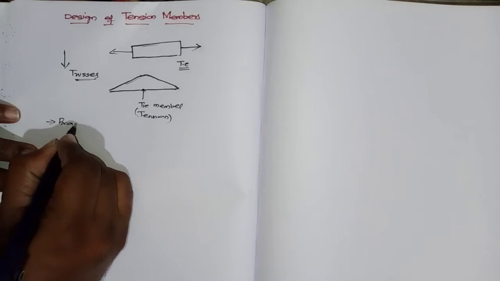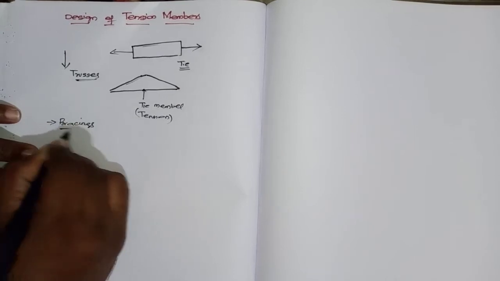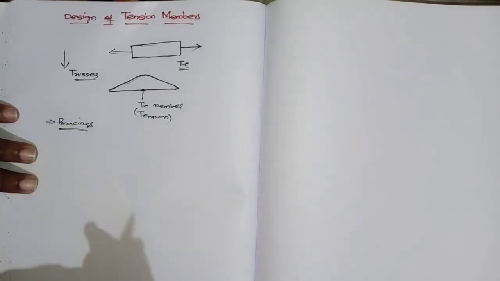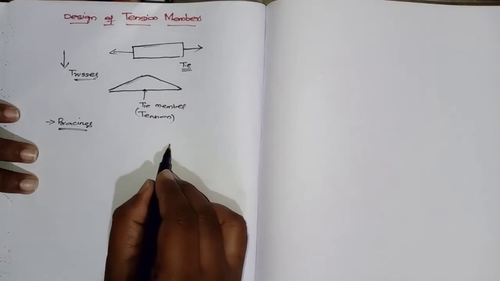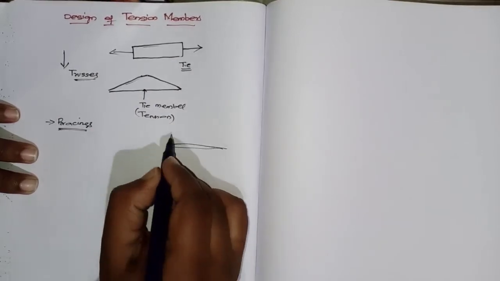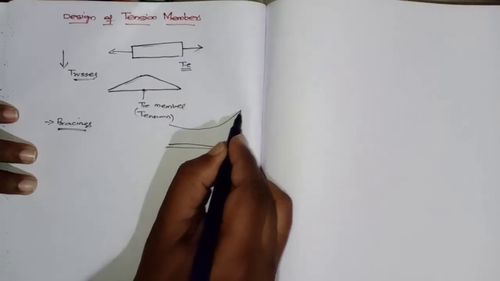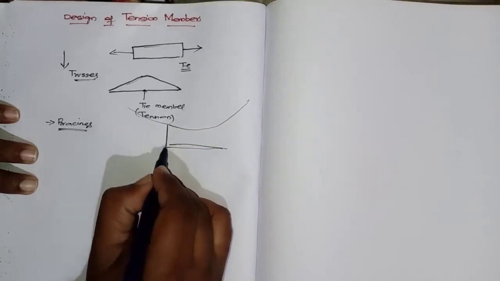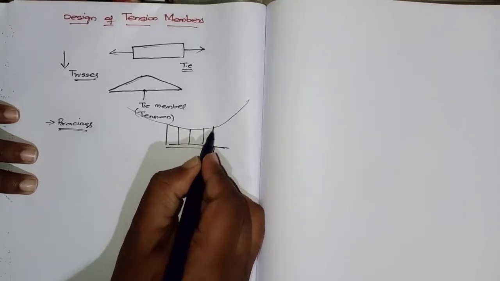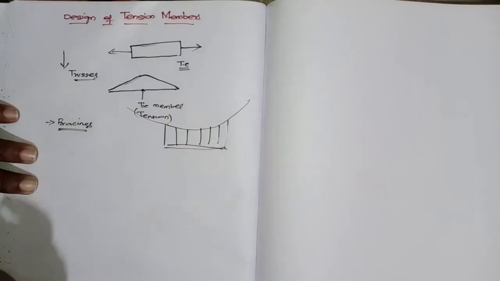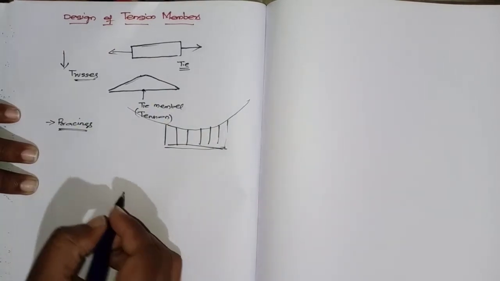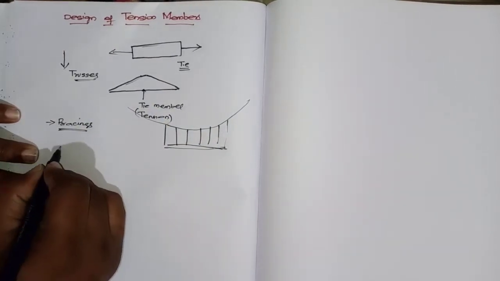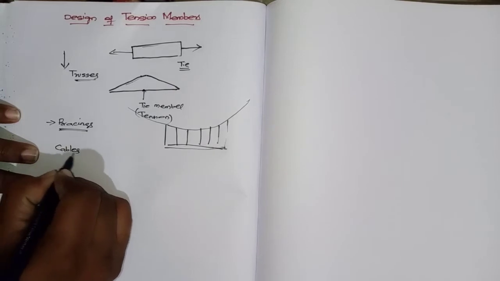Next, bracings in a building, the horizontal members. If I take a suspension bridge, the rope is like this, and these suspenders are also called tension members. Next, cables in cable stayed bridges.